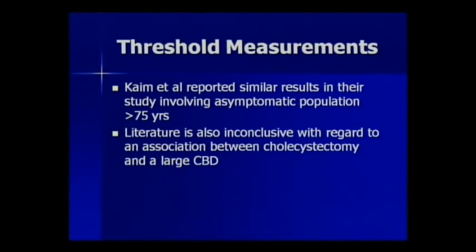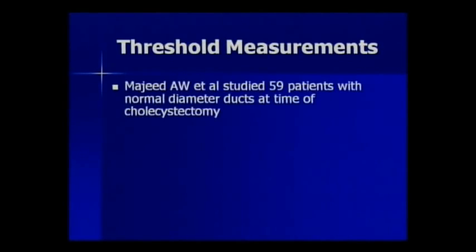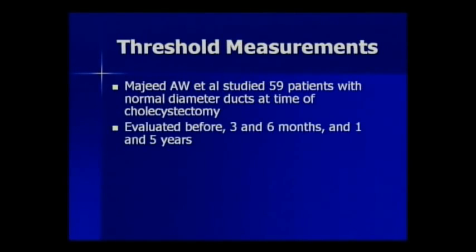Now the literature is also inconclusive with regard to an association between cholecystectomy and a large common bile duct. So this group studied 59 patients with normal diameter ducts at the time of cholecystectomy. And they evaluated these ducts before cholecystectomy, 3, 6 months, 1, and 5 years post-cholecystectomy.